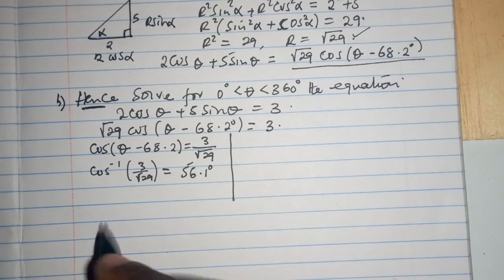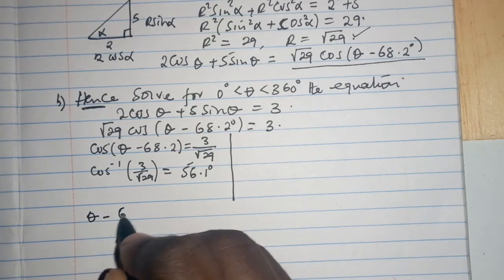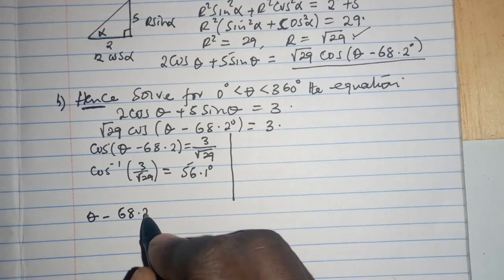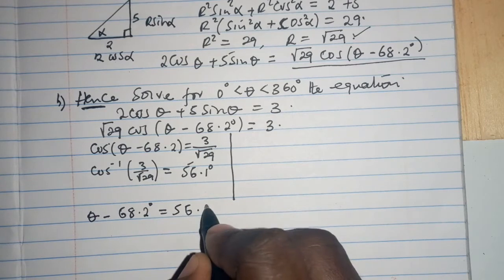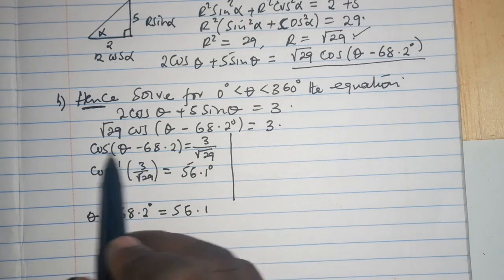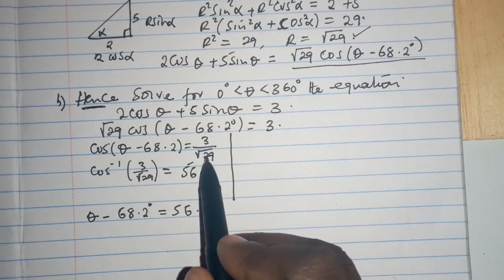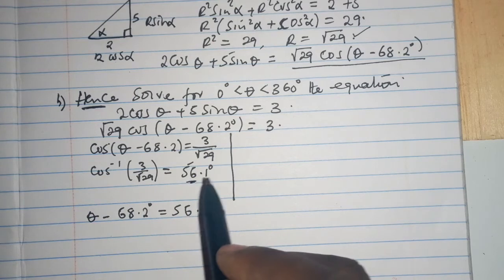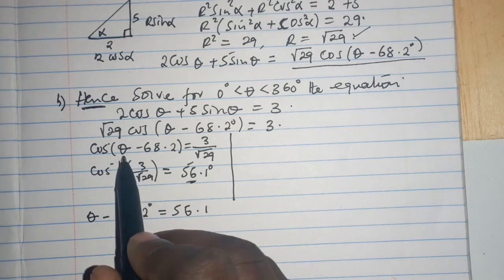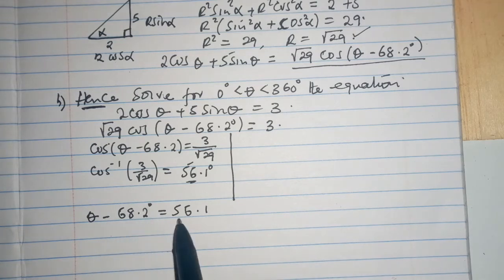It means, therefore, that theta minus 68.2 degrees is 56.1, because there's a certain angle whose cosine was 3 over root 29, and that angle has been realized to be 56.1. That means if we take the whole of this bracket, then it is going to be 56.1 degrees.